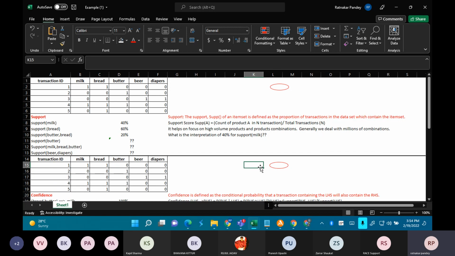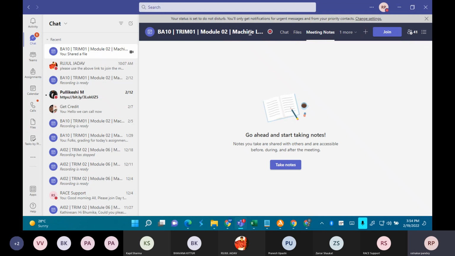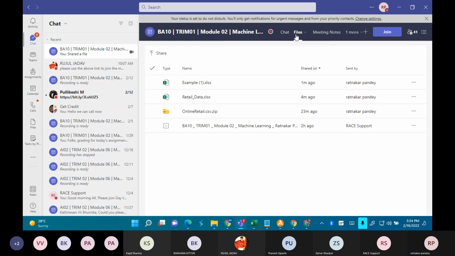The example file is not there in the Teams? Example one. Just refresh, it'll be there.